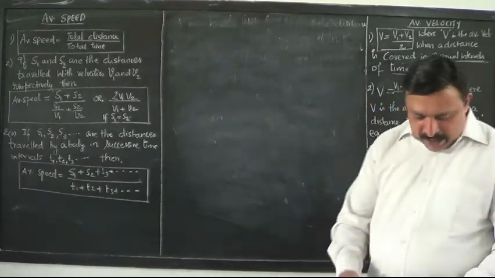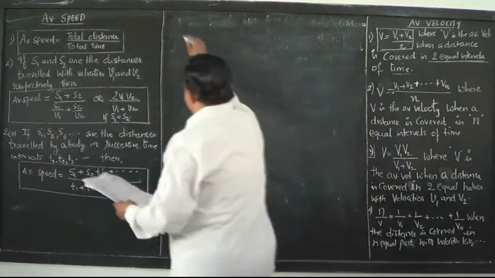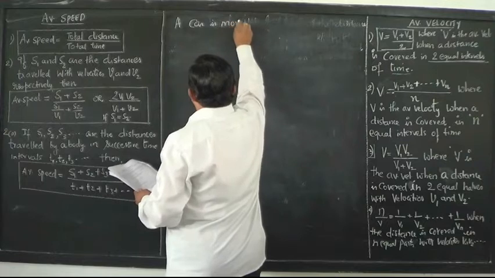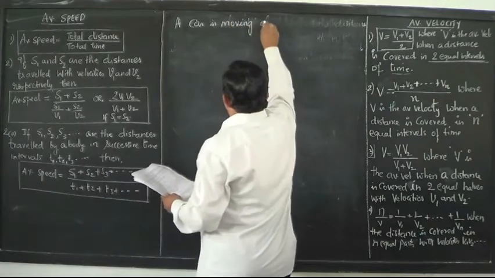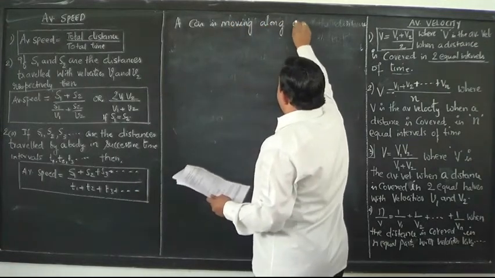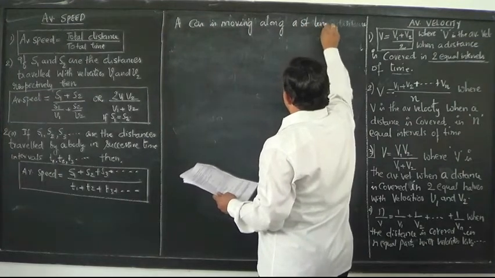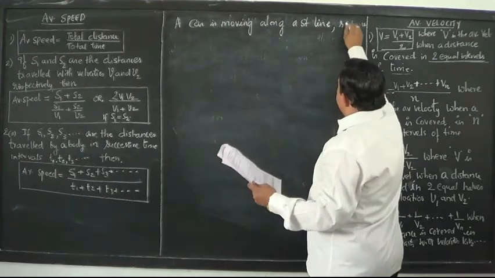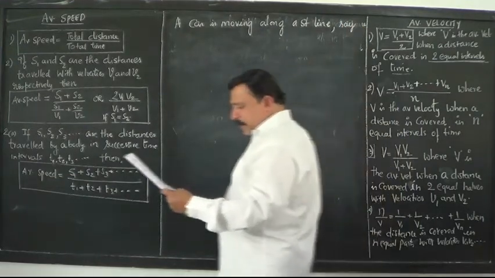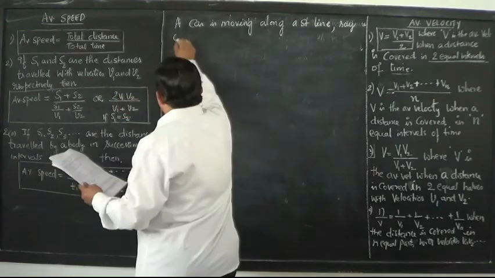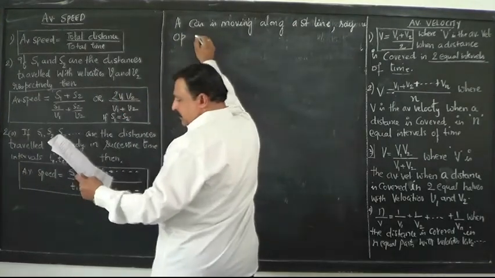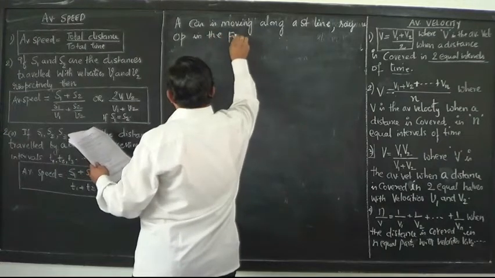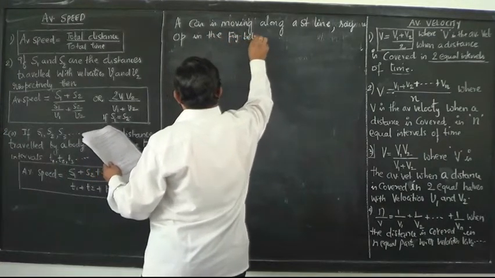A car is moving along a straight line, say OP. OP is the straight path of the car, as in the figure given below.